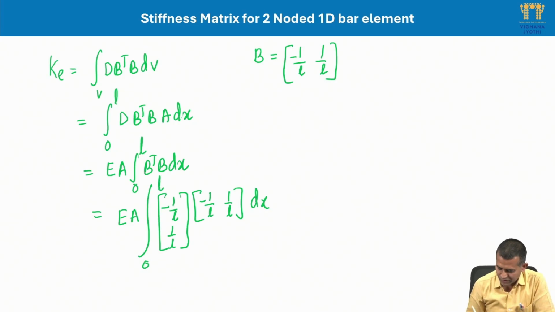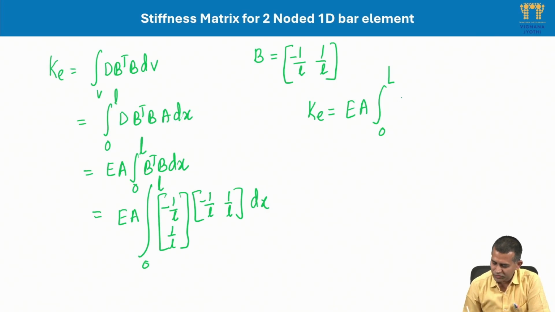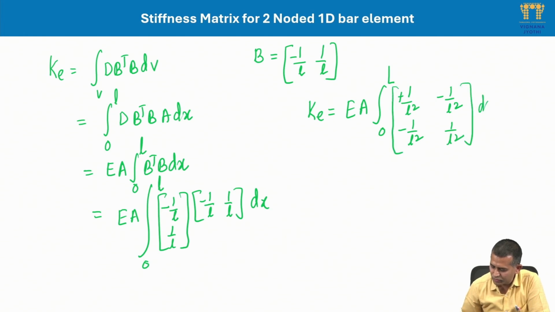Right? So if you write that expression, you will get Ke equals EA, and you will have this integral from 0 to L, and if you multiply it out, you will get 1 by L square, which I can take out. This will be plus 1 by L square, and minus 1 by L square, and again here minus 1 by L square, and 1 by L square, into dx.